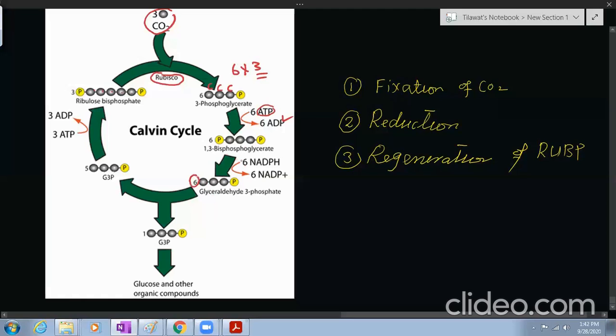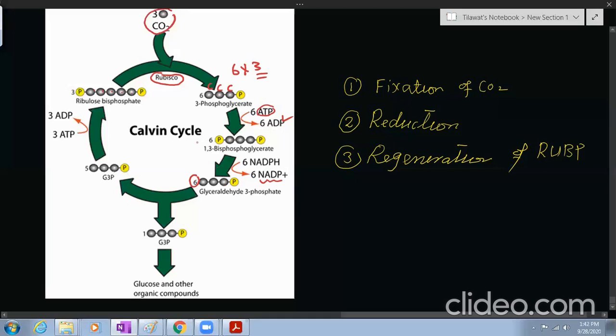But here, if you check, NADPH gives electrons, right, to 1,3-biphosphoglycerate. It means the substrate here becomes reduced because it accepts electrons from NADPH, and NADPH converts back to NADP. Am I clear?